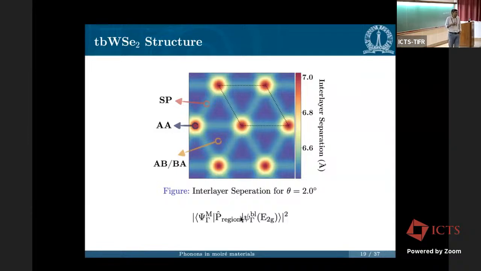And then try to see if the eigenvectors have more weight in different regions, and maybe that's the reason for the split. So the idea is maybe the AB and BA regions have a different phonon frequency than, let's say, the AA regions. And essentially, when you measure both of these simultaneously, that's the reason why you're seeing this difference.